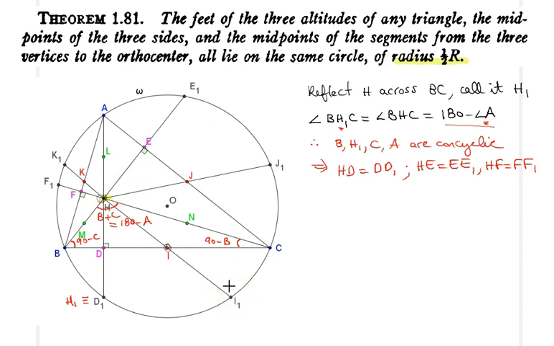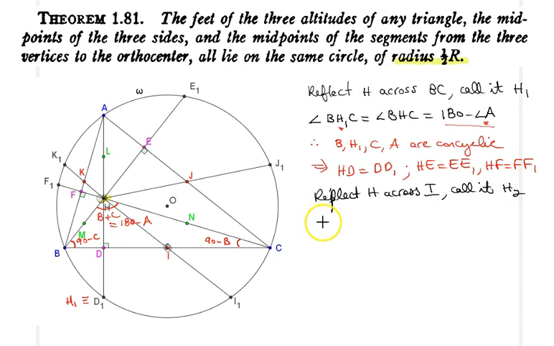To do that, I will use a similar trick. This time we will reflect H across the point I, and call it H sub 2.